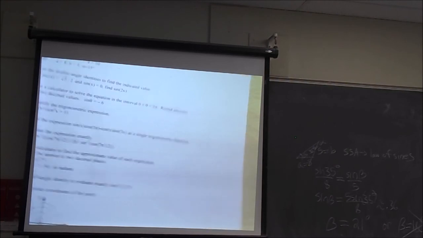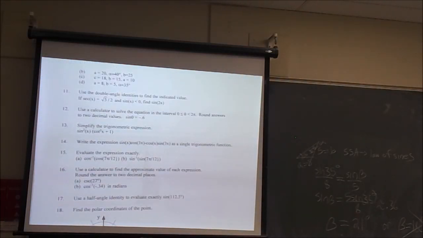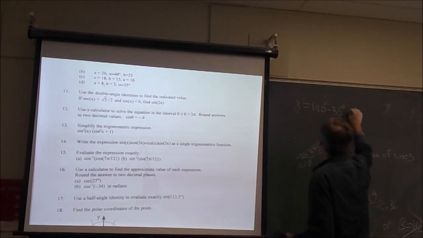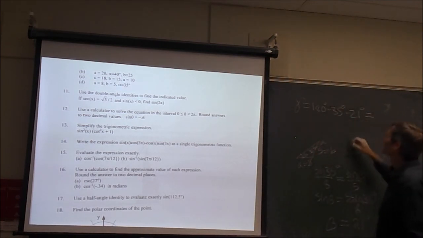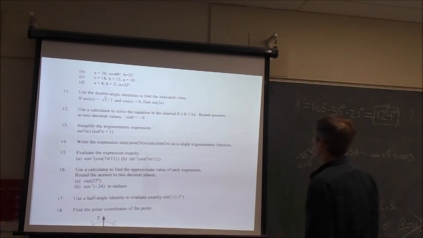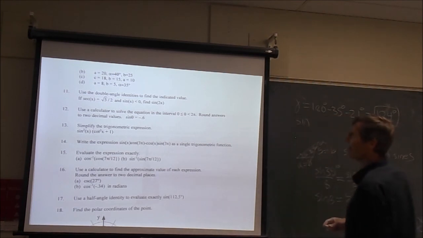Now I've got beta equals 21 degrees, and alpha equals 35 degrees, so gamma is 180 minus 35 degrees minus 21 degrees, which is 124 degrees. That's the last angle. Now you can use the law of sines one last time to get the last side. You can't use the Pythagorean theorem, recall. So I'll use sine. Let's say I need A still, right? No, I need C still.